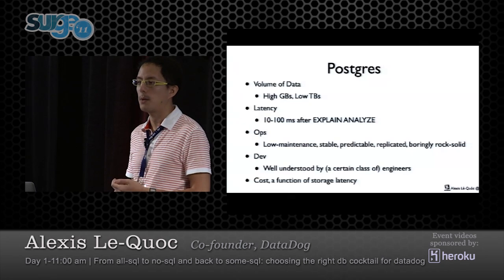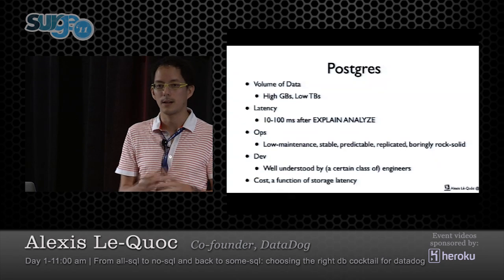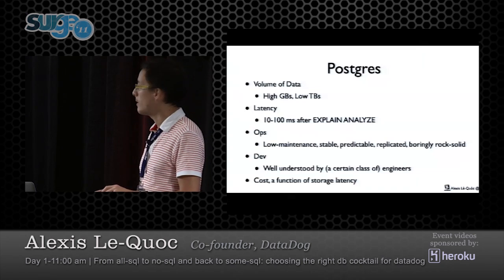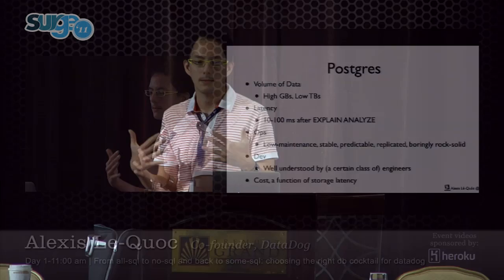It's very well understood by a certain class of software developers, so people who don't have a prejudice against SQL are able to do beautiful things with it. And the cost is mostly a function of how much latency we want in storage, which is a little bit vague, I agree, but that's that.